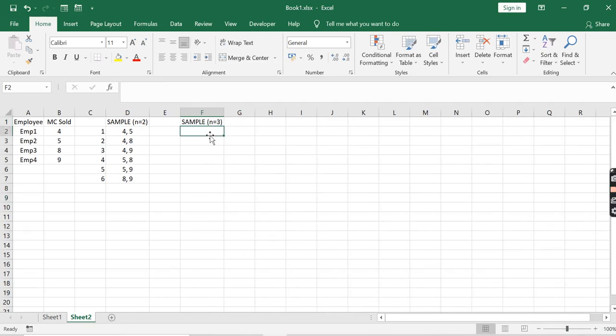Of course, you can expect that when the sample size is larger, the number of samples would be lesser compared to a smaller sample size. Okay, so let's pair 4, 5, and 8. 4, 5, 8.